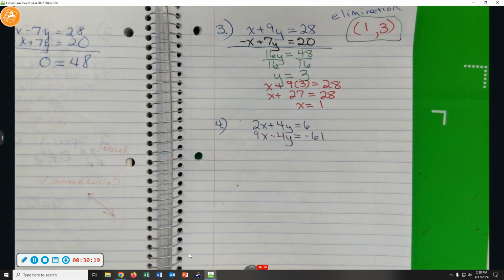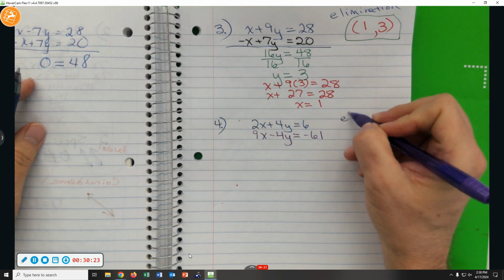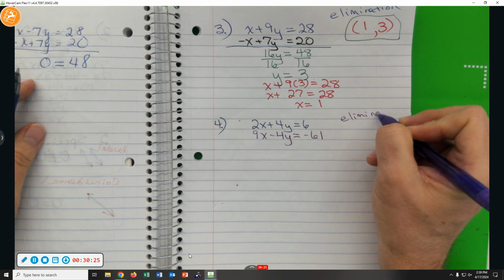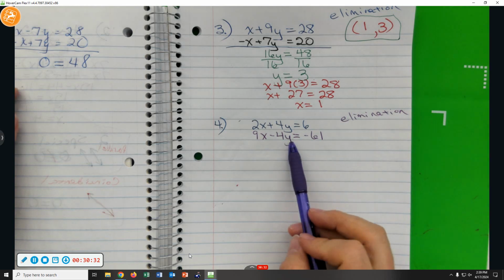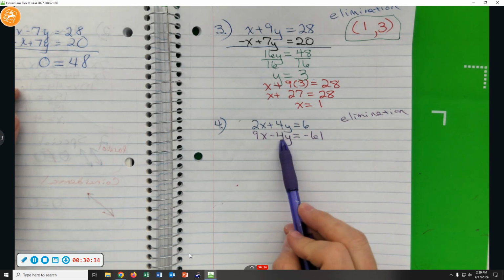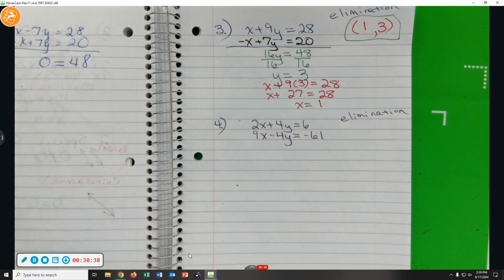Okay. So, to use elimination, we need the same coefficient for like variables, but opposite signs. Look at these y's. A positive 4 and a negative 4, tailor-made for elimination.